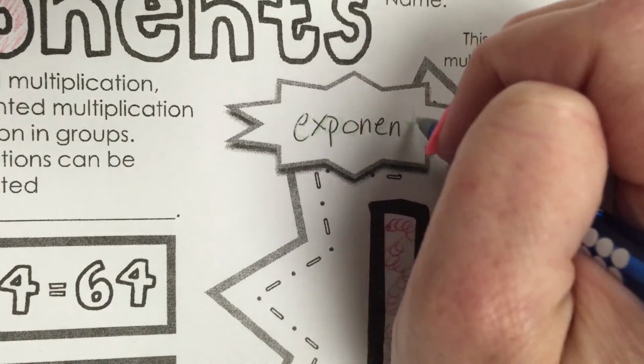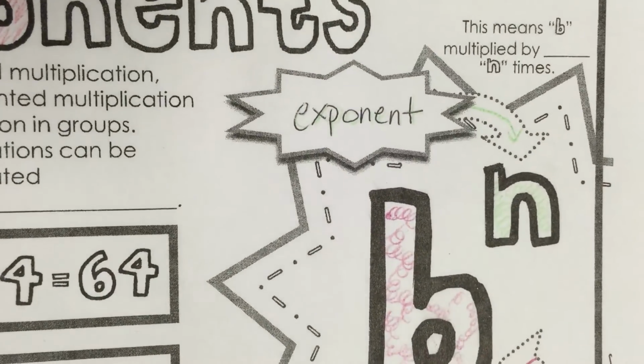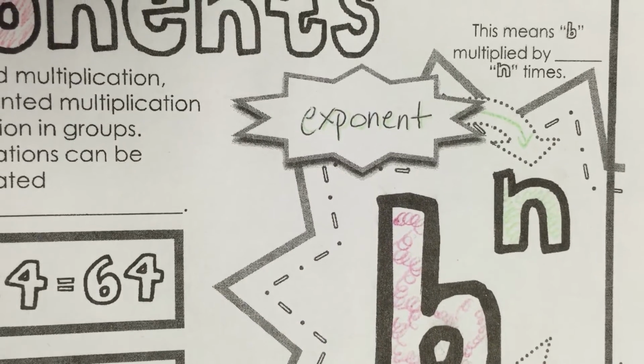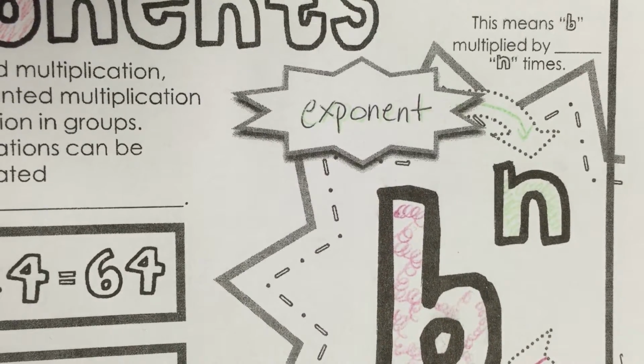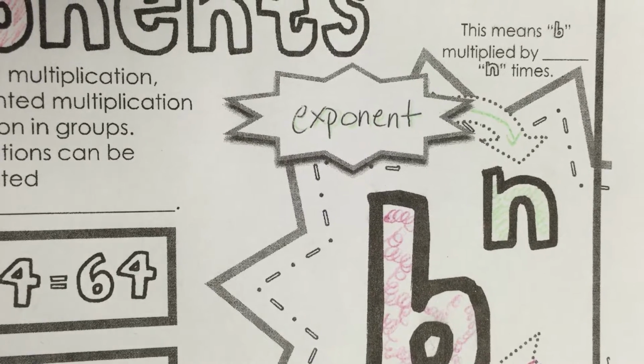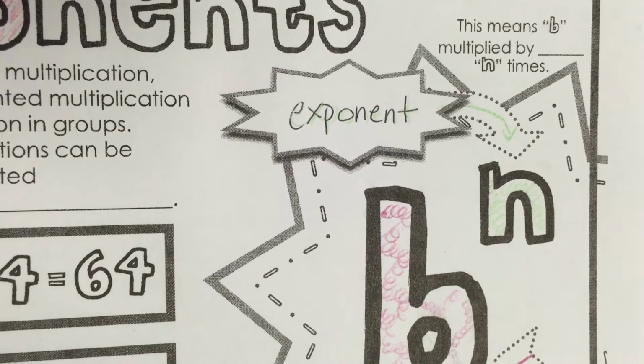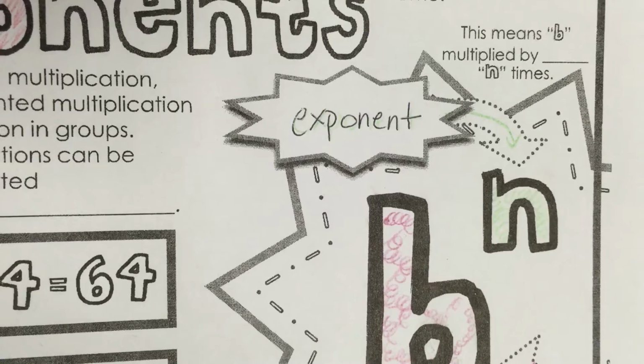Let me put this a little darker for you guys. Well, this means the b is being multiplied by itself n times.